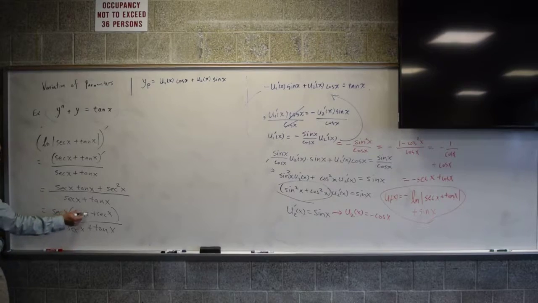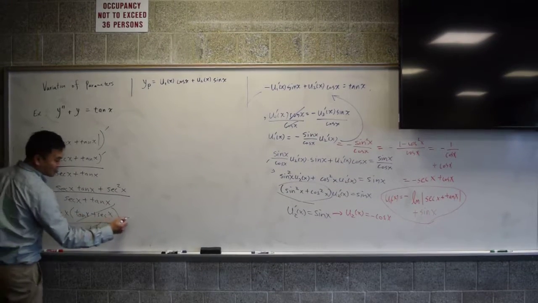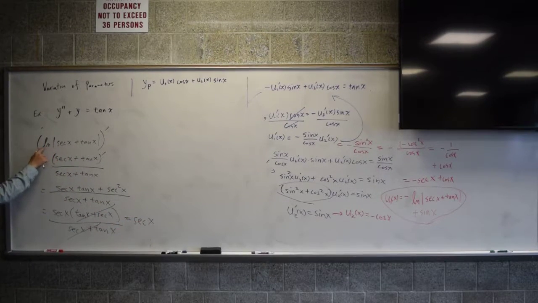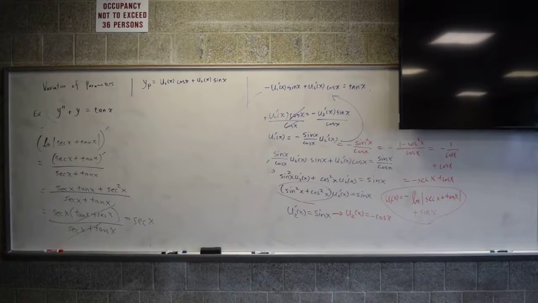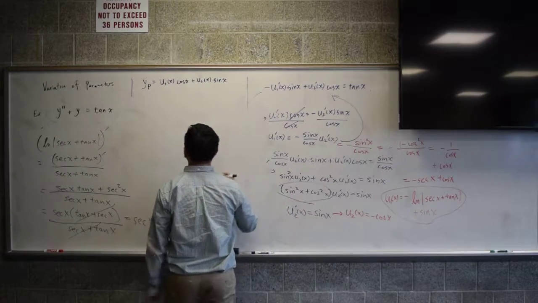And what a surprise, these are the same thing, right? So if you cancel them, you end up with secant x. So we verify that really the derivative of this is secant x, therefore the integral of this is that, okay?